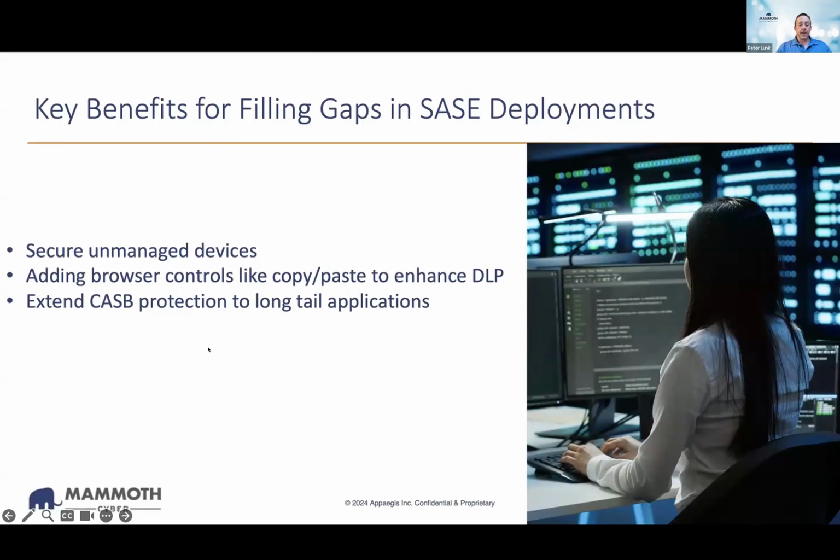And then if you look at how some of these SaaS apps were protected on the CASB side, most of these protections are provided through API integrations, and the CASB vendors haven't gotten to every single app. There's a bunch of long tail apps that could use small nichey things, but they're important to your business. And in order to actually provide protection to those, it's a real pain point for the SASE providers to do anything custom on that.